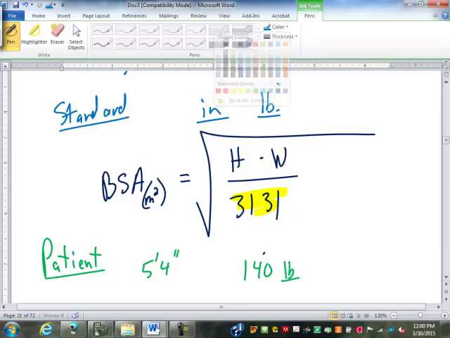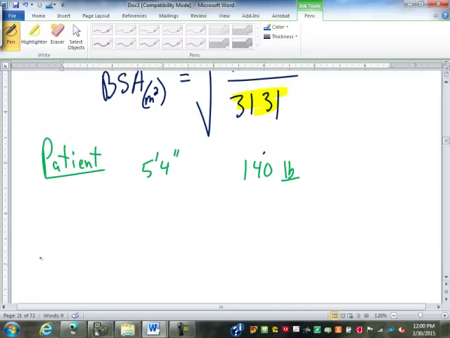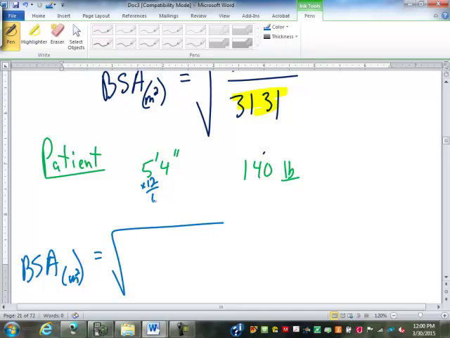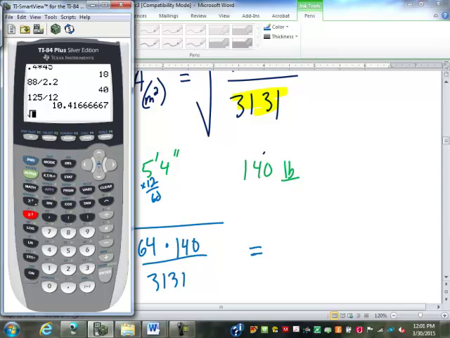To plug this into our formula, it is the square root of, first of all, 5'4" has to be converted into inches. 5 feet, 5 times 12 is 60, plus 4, that is 64 inches, times 140 pounds, divided by 3,131. I'm going to assume at this point all of you understand the order of operations and know how to punch this in your calculator. So just a second, square root, 64 times 140 divided by 3,131.